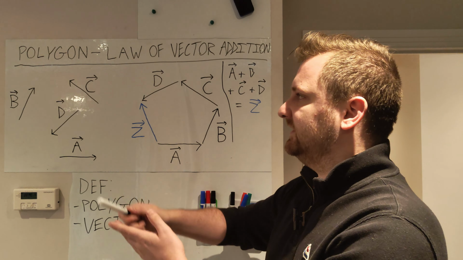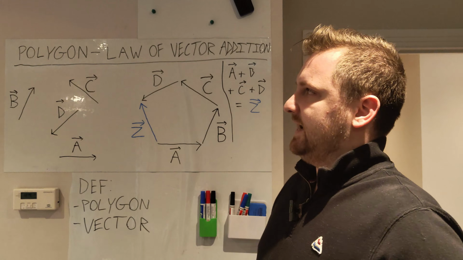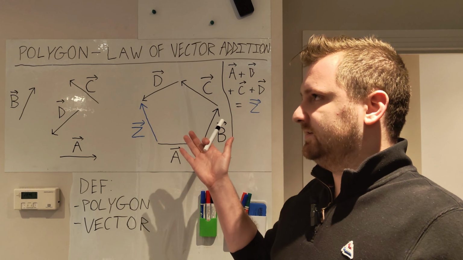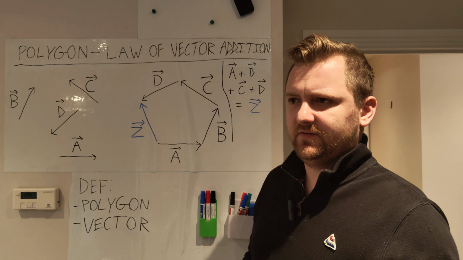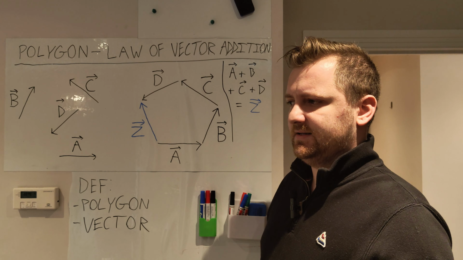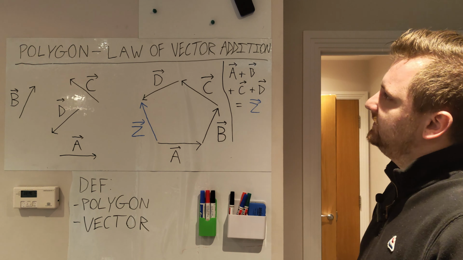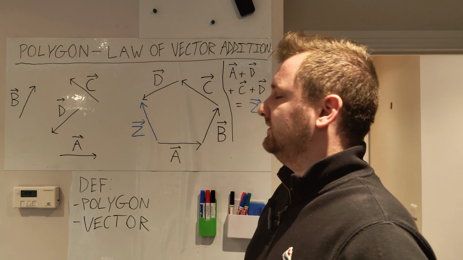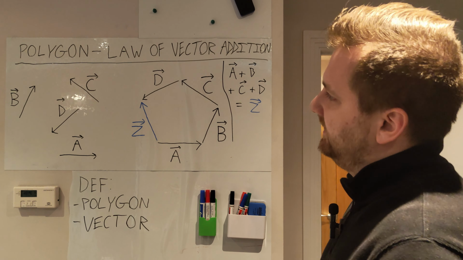We've got a pile of vectors here, A, B, C, D. And this law or principle, the Polygon law of vector addition, is basically that. Hopefully this answers what you wanted.